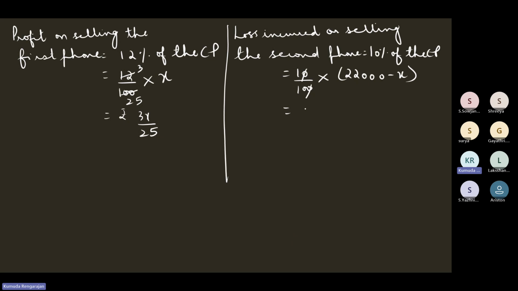So you have rupees 22,000 minus X by 10.